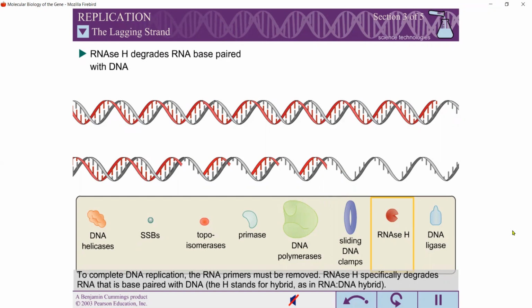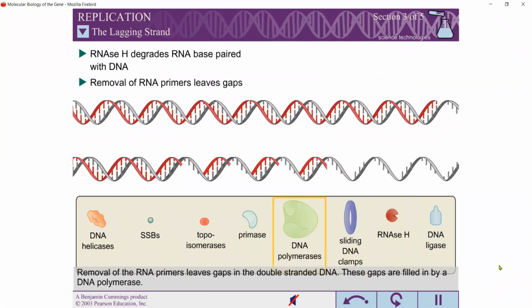So here comes another DNA polymerase. In the earlier class, I told you that there are 3 DNA polymerases, Pol 1, Pol 2, and Pol 3. So here comes Pol 1. The removal of the RNA primer is leaving gaps, so DNA polymerase refills the gap. Let me show you this once more. As you can see, there are gaps. Remember, this is the 3' end of the Okazaki fragment, and this is the 5' end of the Okazaki fragment, because the primer was present here.